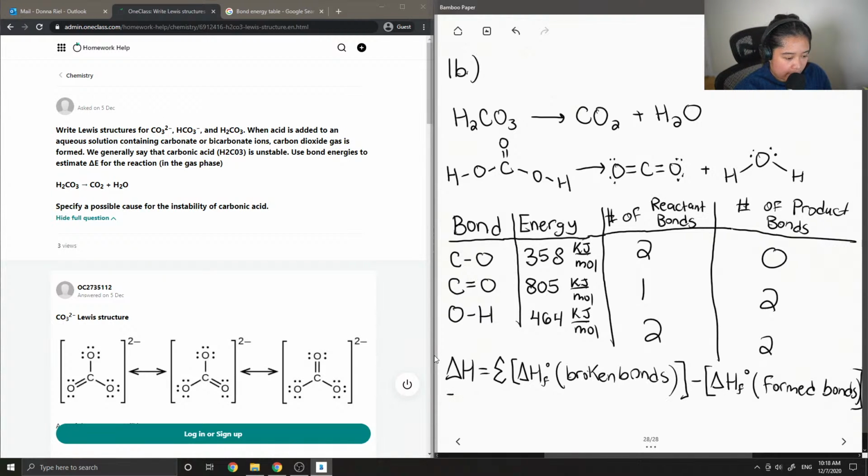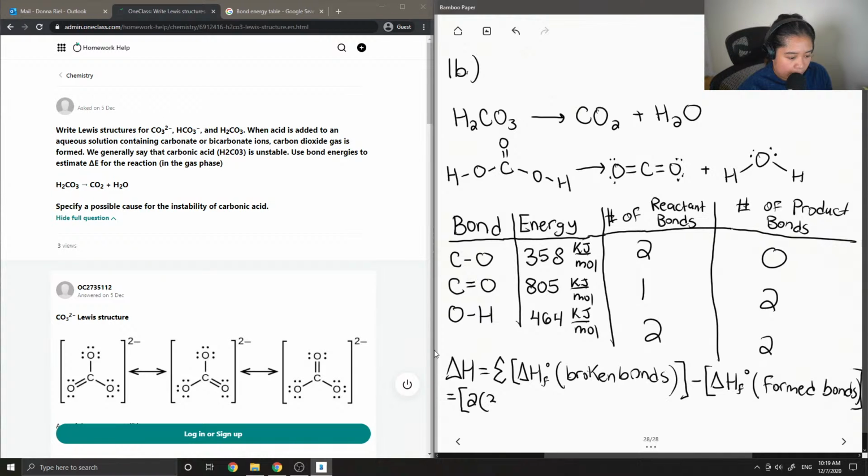Okay, so now I can sub in all of the energy values and then show how many of those bonds are broken and how many are formed. That's why it was helpful to write out the table. So let's look at all of the broken bonds. There are 2 single bonded carbon-oxygen bonds that were broken in our reactants.